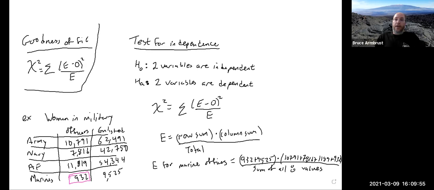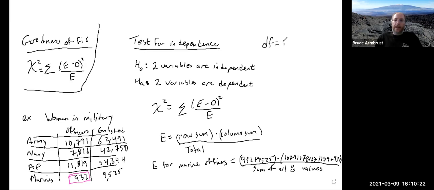Remember, what we need to know is the degrees of freedom. And in this case, degrees of freedom are calculated in a slightly different way. Because now we don't have just a certain number of entries or groupings that we can just take away one from.